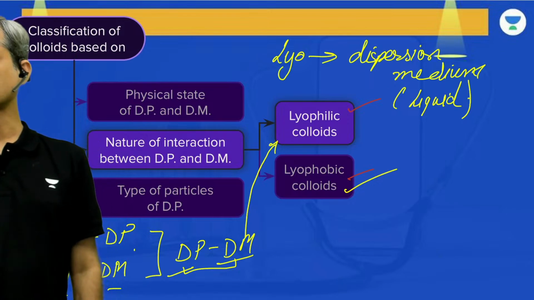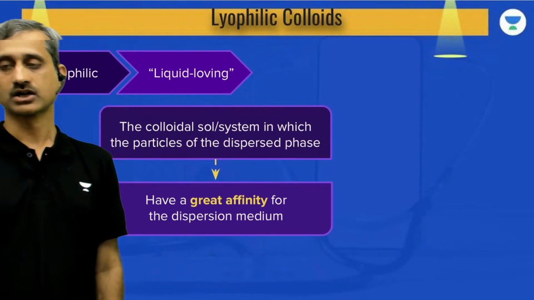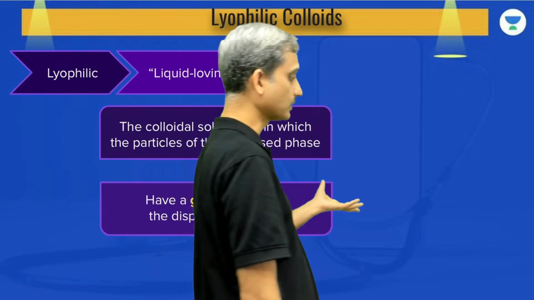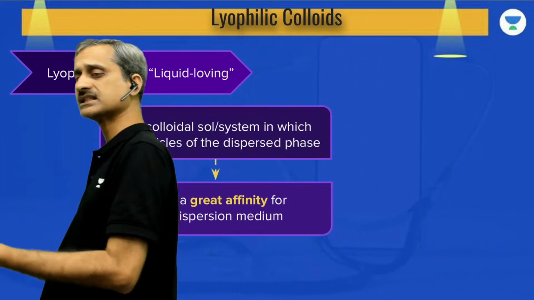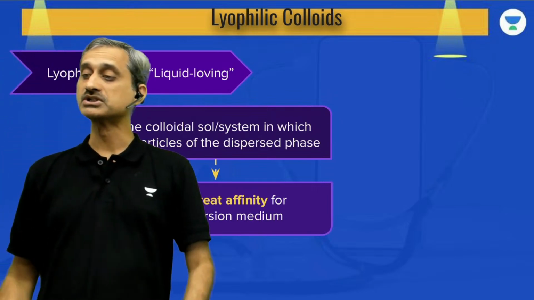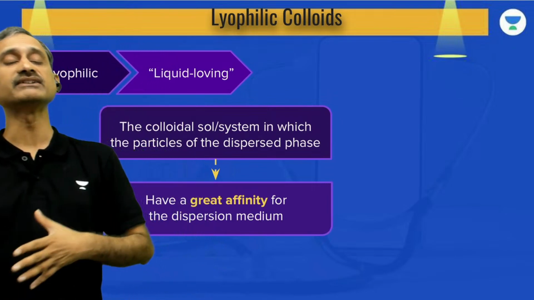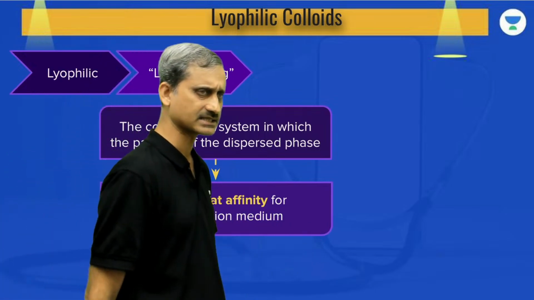Let's get along with the lyophilic colloids. Lyo means liquid, philic means attracting. That is, the attractive forces are greater. These are the colloidal systems in which the particles of the dispersed phase have a great affinity for the dispersion medium. That's what I have already explained to you.